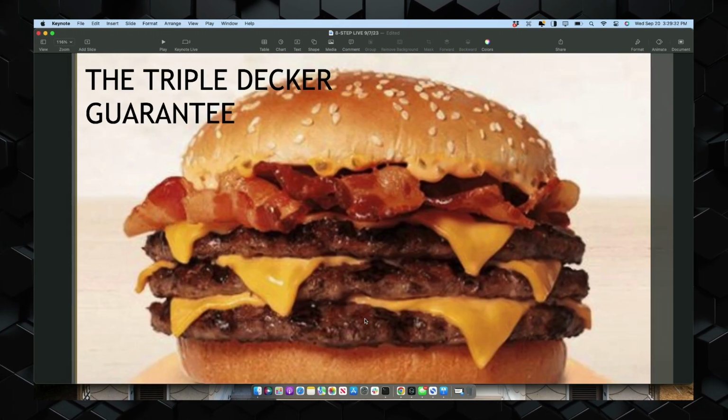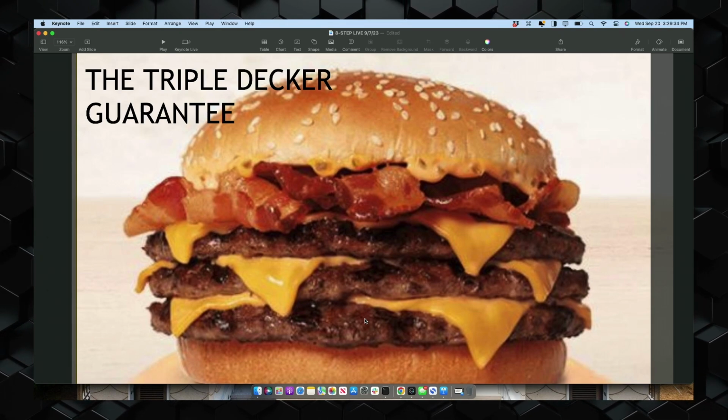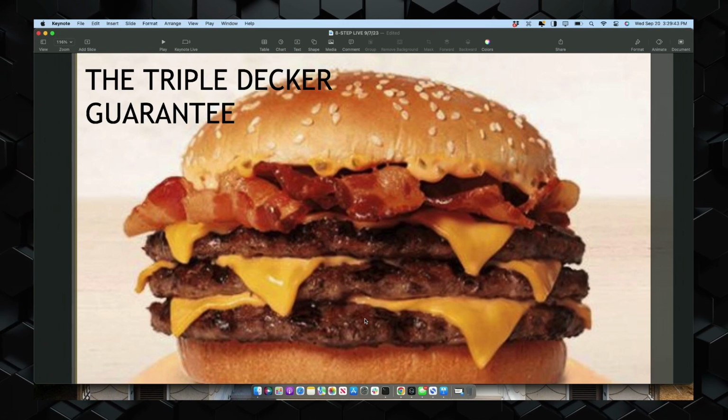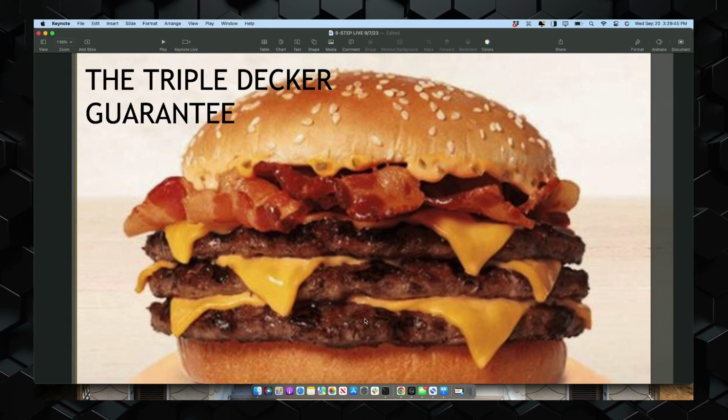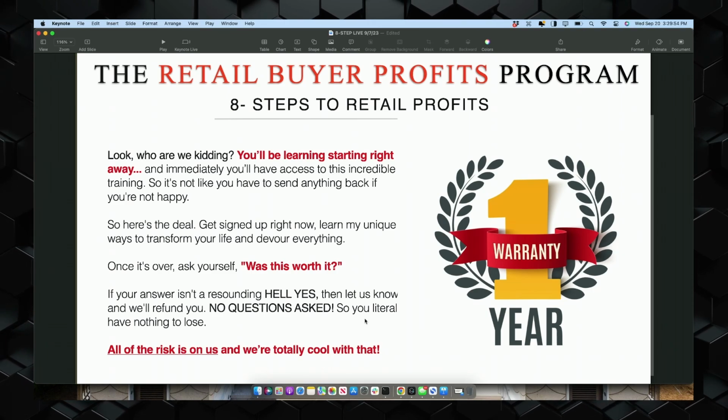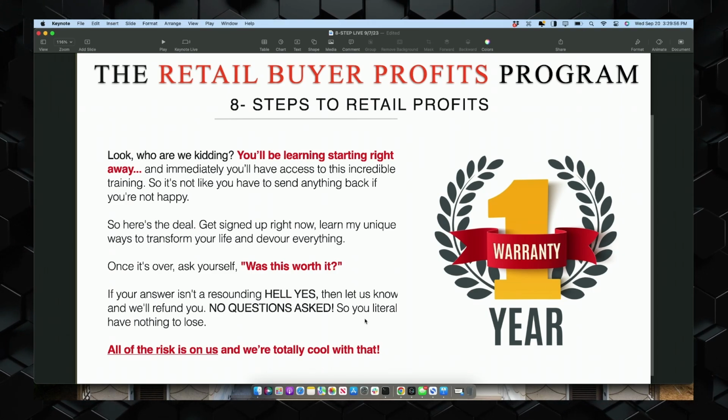Now, here are the other two reasons I want to share with you that make this absolutely a no-brainer. Actually, it's a triple decker, but there are two on here. It's amazing. Number one is that you have a 1-year guarantee.